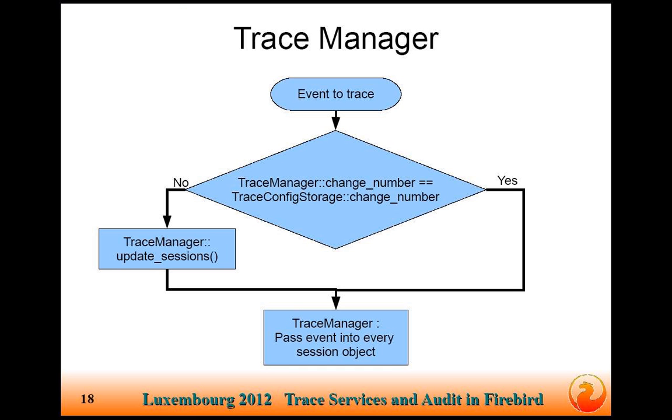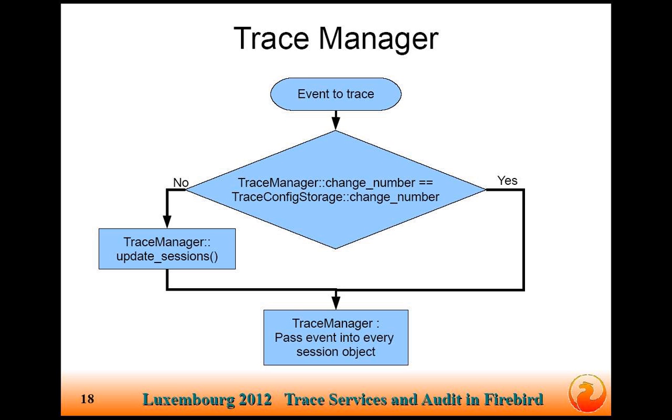As I said above, the trace configuration has a special change number. The trace manager in memory also has a change number. This is the change number obtained from the trace configuration storage the last time the trace manager updated its internal list of sessions. So when some trace event happens inside the engine, the trace manager at the first step compares its own change number and the change number of the trace configuration.